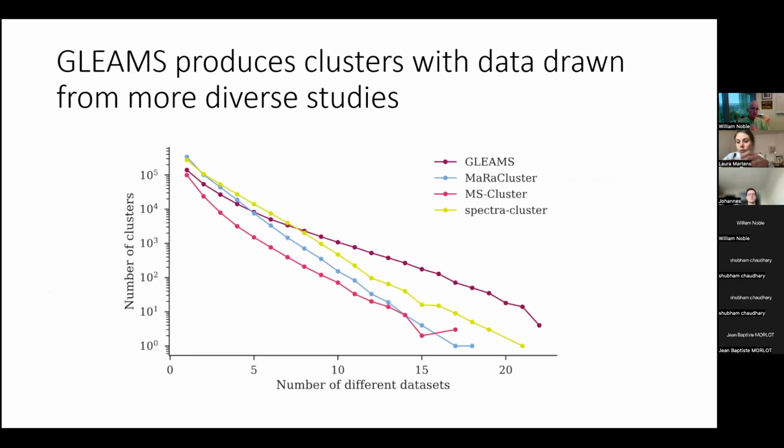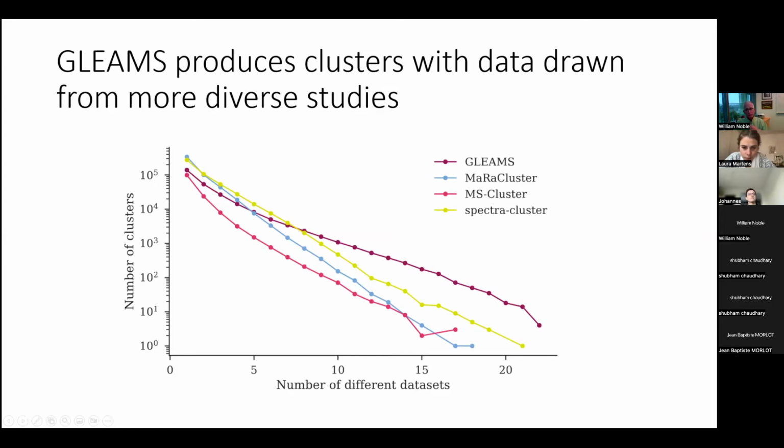So often in these kinds of studies, you get batch effects where spectra from one study resemble one another, but don't resemble so much spectra from a different study. And the supervision can help overcome that. And so this is just showing clusters that have data from different original experiments. And so we have a large proportion of clusters that have, say, for example, data from 15 different experiments. And that's rare for some of the other clustering algorithms.